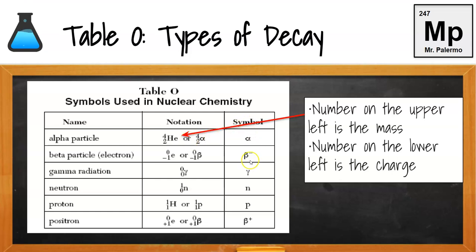They give you a symbol as well. Note that the first three have two different notations. They mean basically the same thing. Here they're just saying that the alpha particle is equivalent to a helium nucleus, and the beta particle is equivalent to an electron. So you can use either notation.